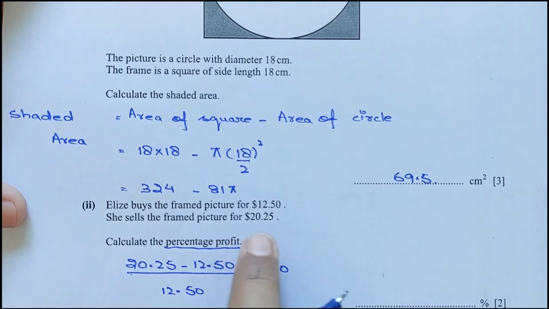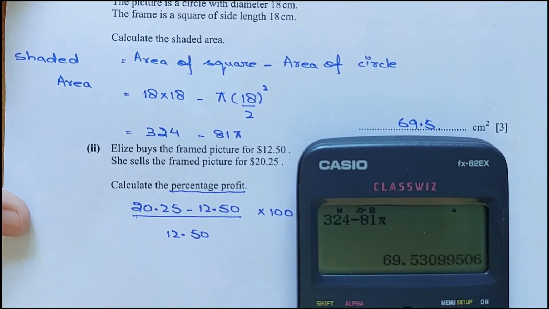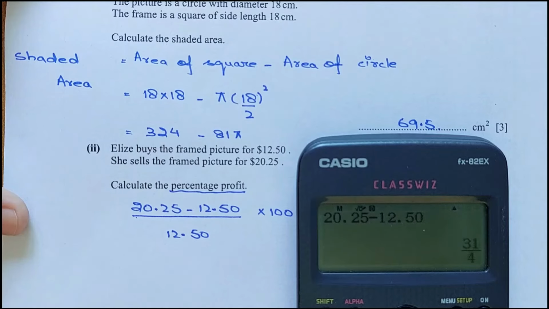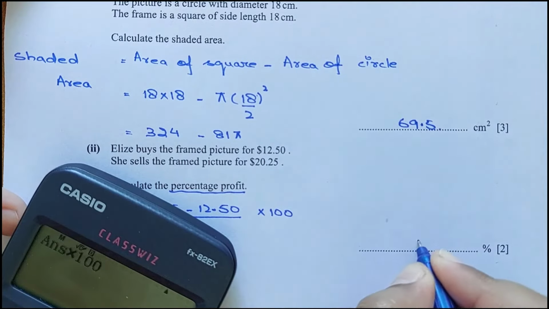We do the subtraction of the buying price from the selling price, then divide by the buying price and times it by 100. 20.25 minus 12.50, divide by 12.50 and times by 100, is 62%.